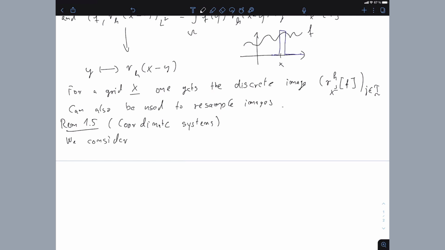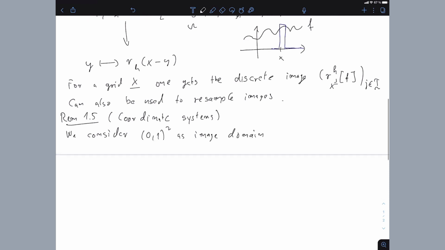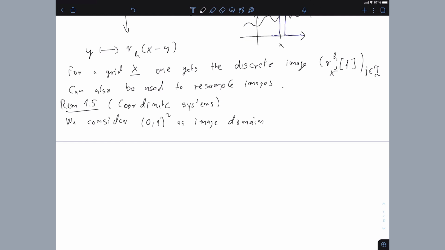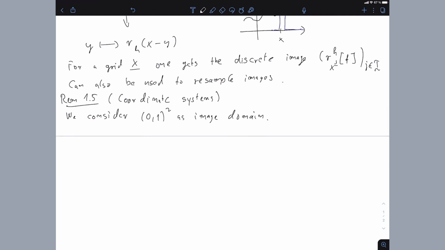So we consider the unit square as our image domain. And then mathematically, the origin is in the lower left.